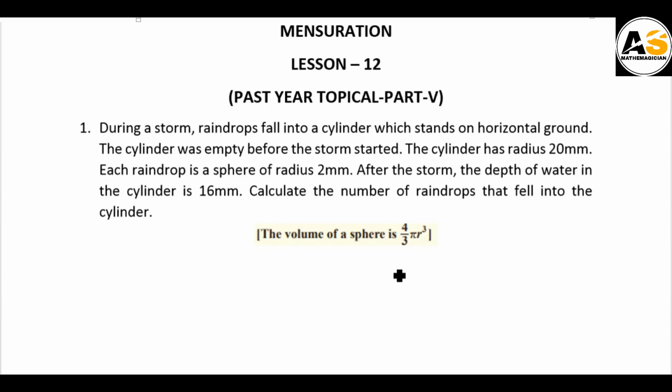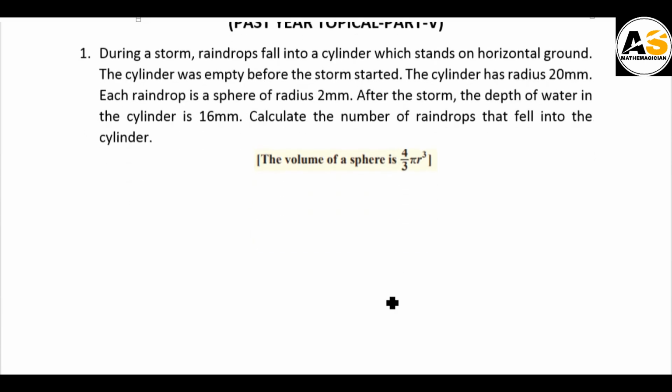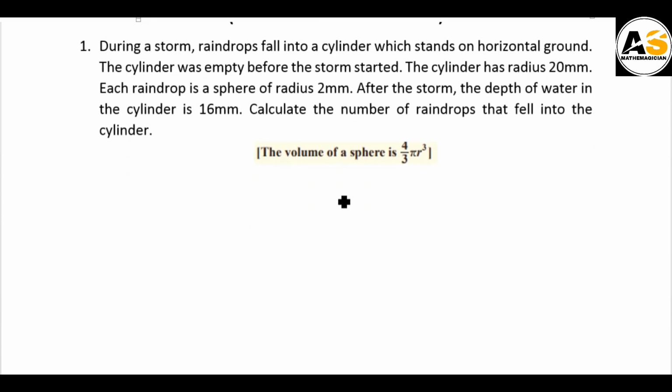First of all, we can calculate the volume of the water in the cylinder because we are given the radius of the cylinder. Radius R is 20 millimeter, and the depth of the water in the cylinder is 16 millimeter.